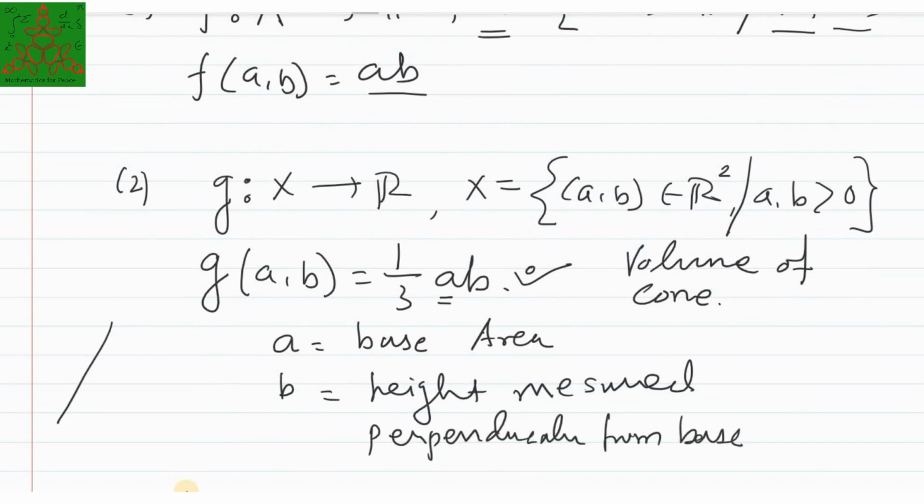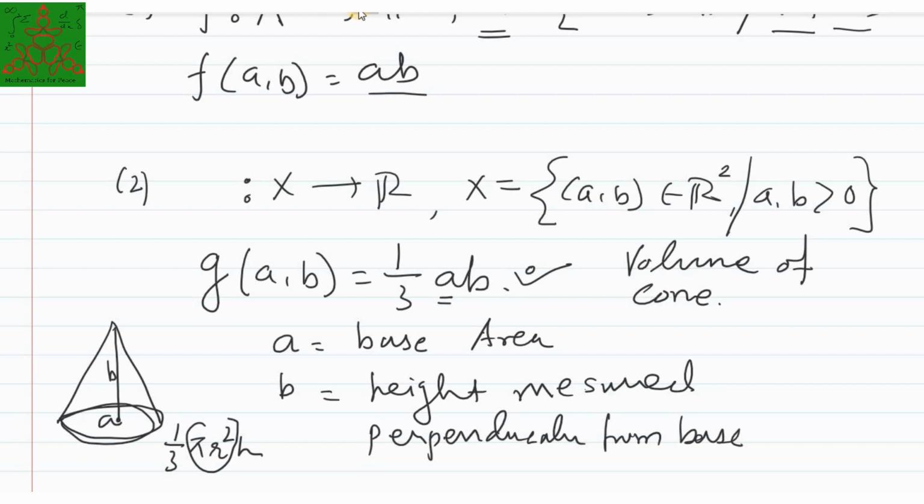For example, if this is the cone, then whatever the area of the base is, that is a, and whatever the height is, that is b. The volume of this cone is one by three pi r square h, where pi r square is the area of the base circle and the height is h. So this is a function giving the volume of a cone if we consider these as variables.